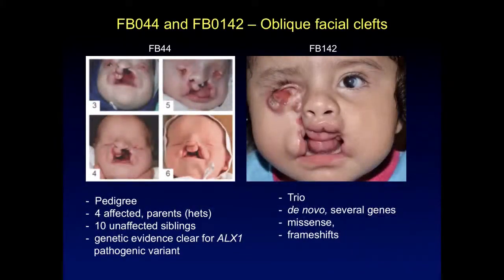So I wanted to then use these two cases to highlight some of the things we learned in working up these clinical cases. For example, FB44 and FB142 are both cases of rare, complex oblique facial clefts. On the left, we have a whole pedigree of 4 patients out of 14.